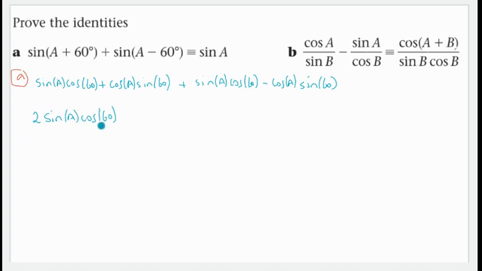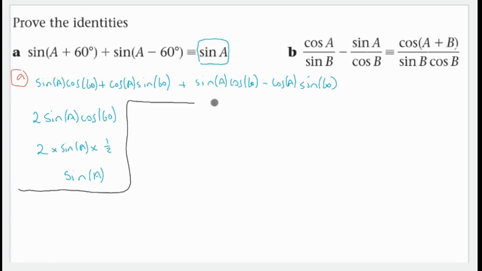And in particular, we know cos 60 is equal to a half. So that's 2 times sine A times a half. 2 times a half is 1. So you're just left with sine A, which is what we were asked to prove. Boom, boom. We got it. Right. Let's leave some space and let's go for the second part. There we go.